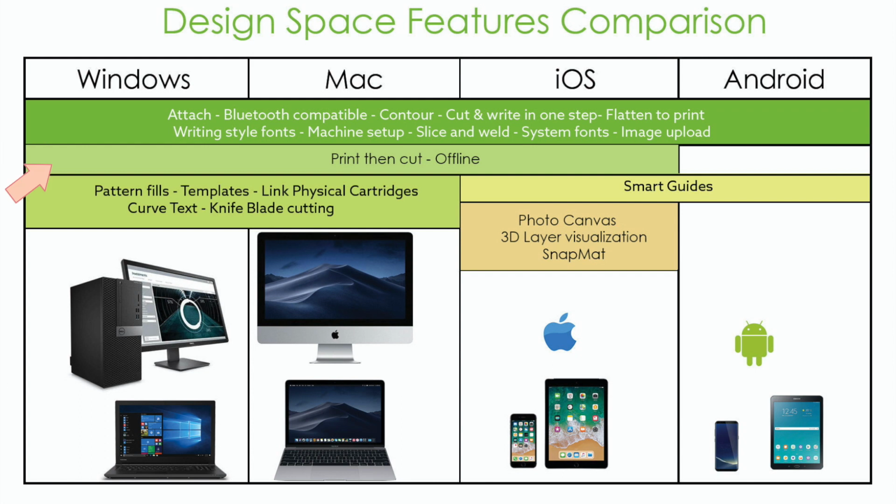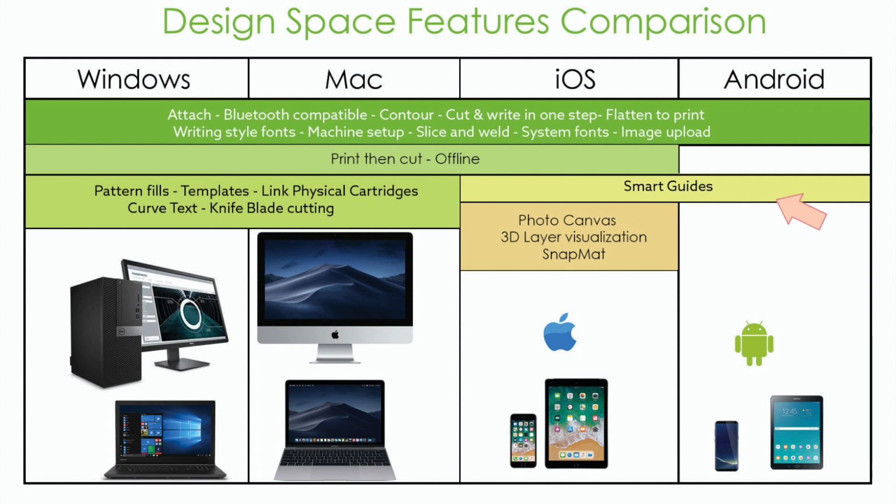The print then cut feature that is great to make stickers and offline feature are available in Windows and Mac computers and iOS devices. At the moment, these features are not available in Android devices. Pattern fills, templates, link physical cartridge, curved text, and knife blade cutting are only available in Windows and Mac computers.